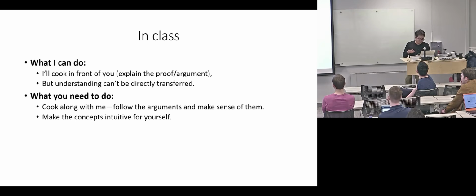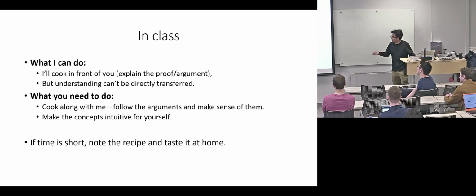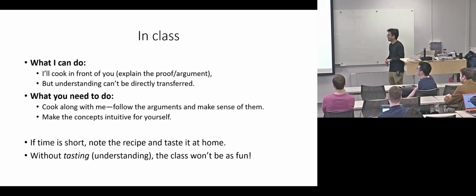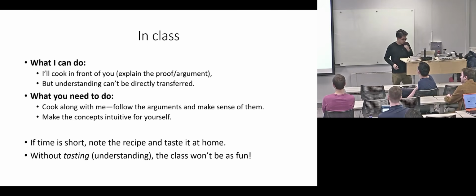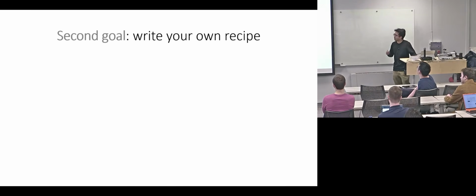Try to make this concept intuitive to yourself, and ask questions if it doesn't make sense to you. Sometimes the time is short. You might just take notes from the recipe, but try to make sense of it at home. So taste it at home. This is important because without understanding or tasting the food, this class is not going to be fun at all.